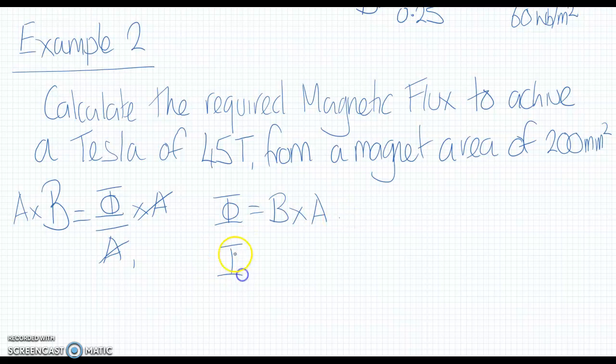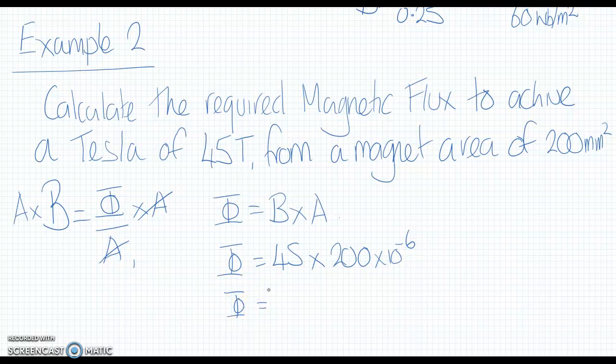So in the question, pull the answers out. B is Tesla, so that's 45. The area is 200, but remember that is in millimetres squared. So to change that to metres squared, we have to change it from 200 to 200 times 10 to the minus 6. And we simply push that into our calculator.